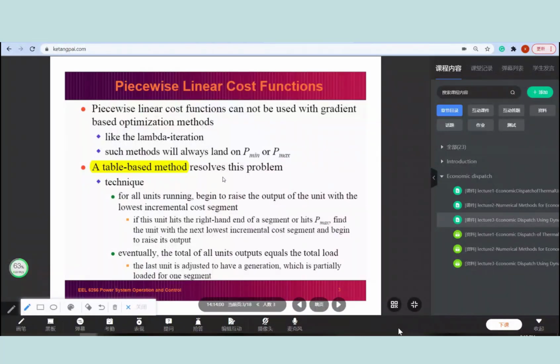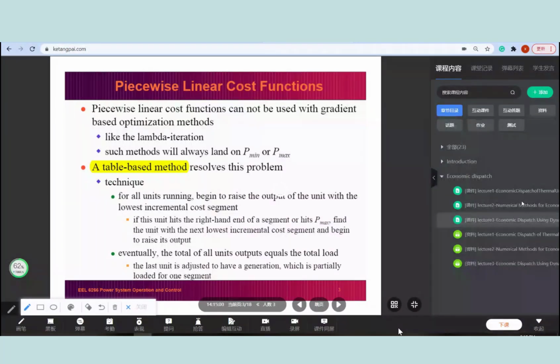We run all units, beginning by raising the output of the unit with the lowest incremental cost segment. That means we run the cheapest generator first. After this generator is fully loaded, the second cheapest generator will be turned on. If this unit hits the right-hand end of its segment or hits P maximum, we move on.